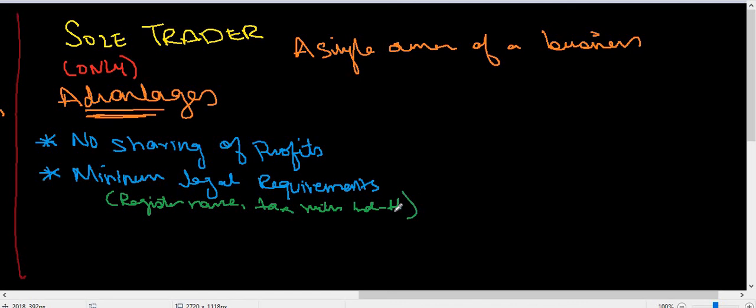That's it. So there are no particular, different kind of legal requirements you need. And so the next advantage can be you don't have a boss, so no boss. So you can do whatever you want. You don't have to take permission.